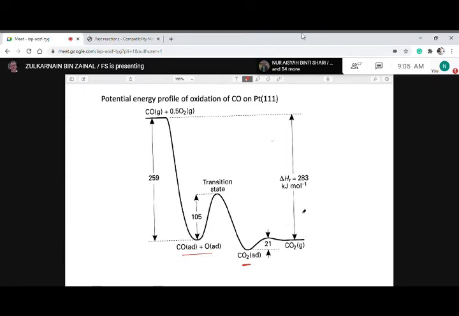Okay, and then the product is released. The product is still absorbed carbon dioxide, and then it is released from the surface. So you can see the difference in the amount of energy when the carbon monoxide and oxygen are absorbed on the surface. You can see that the Ea value for the reaction has been reduced very much, to a very low value for the reaction to occur.